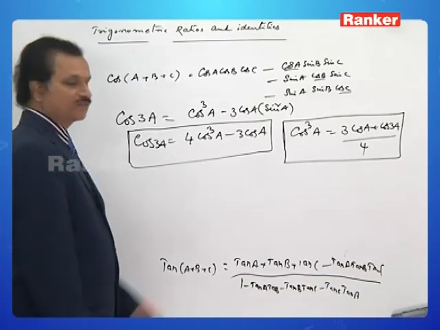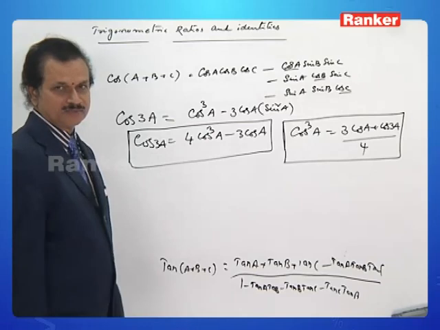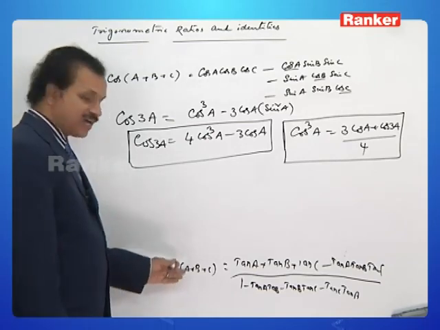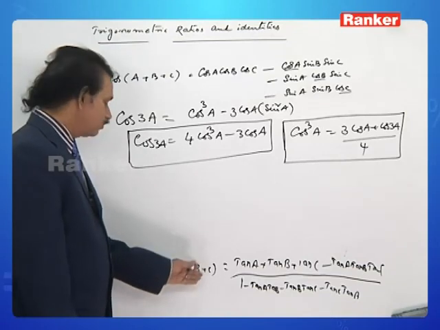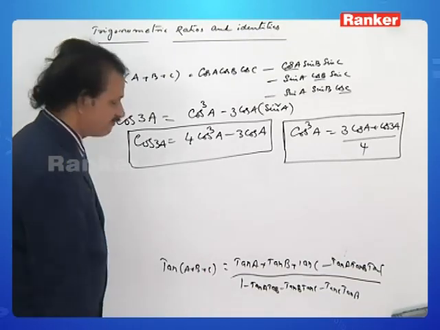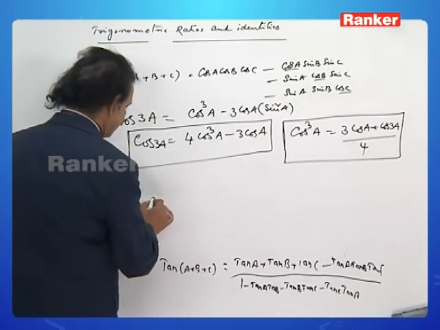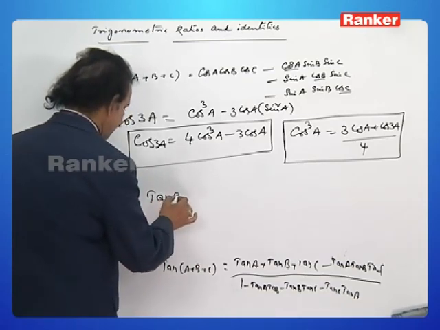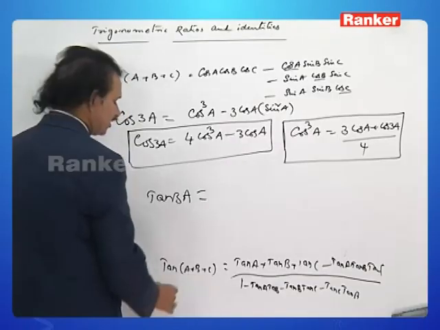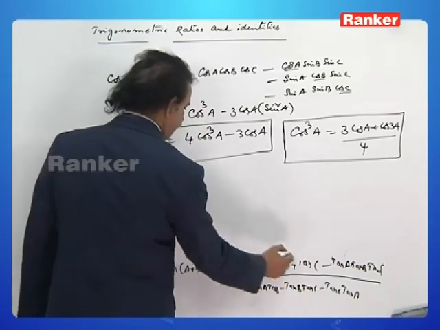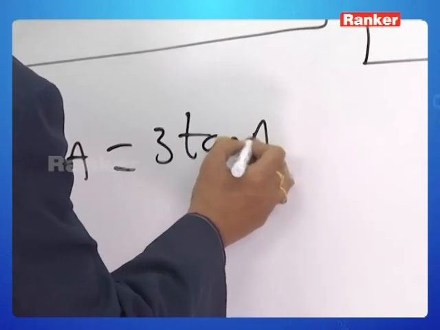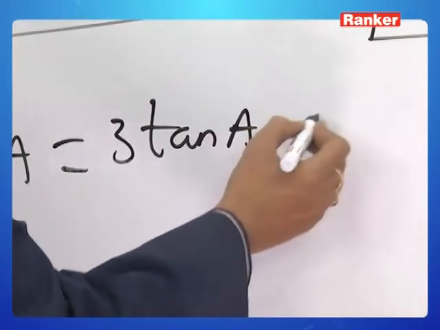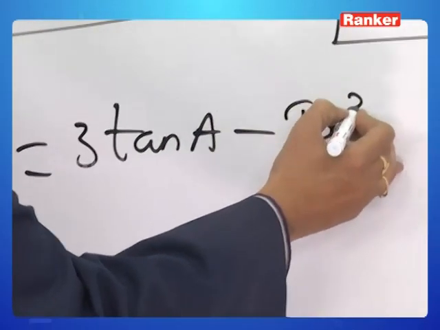Well, this could be derived from cos of A plus B plus C. Again, in tan of A plus B plus C also, if you replace both B and C by A itself, what happens? Tan of A plus A plus A, tan 3A is equal to tan A plus tan A plus tan A, 3 tan A, minus tan A into tan A into tan A, tan cube A.